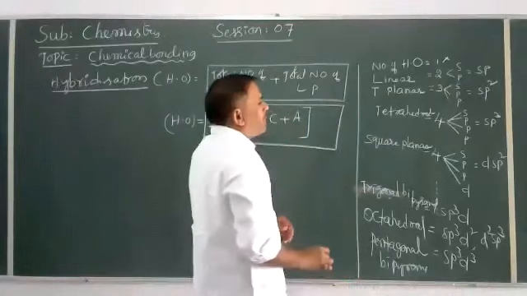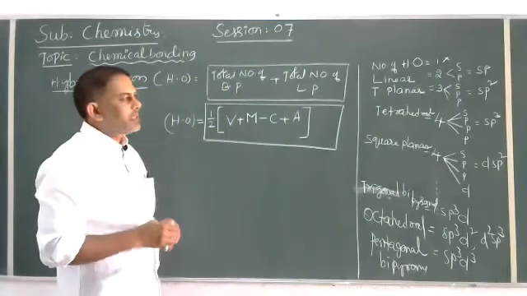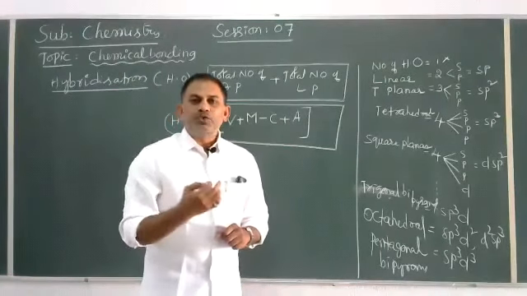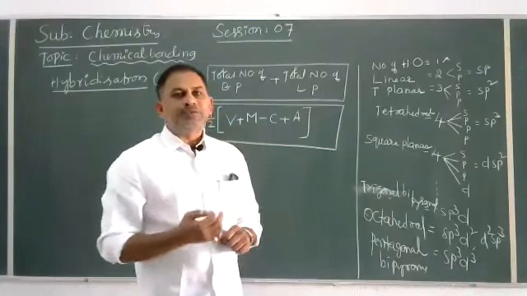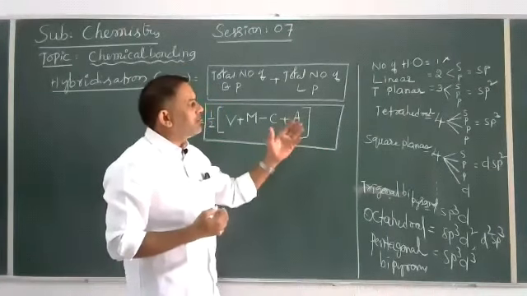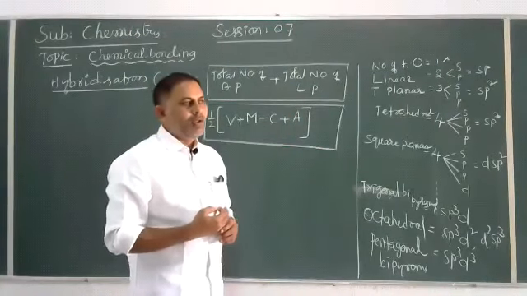So on the basis of these hybrid orbitals, sp, sp2, sp3, dsp2, sp3d, sp3d2, it is easy to determine the shape or geometry of the molecule.